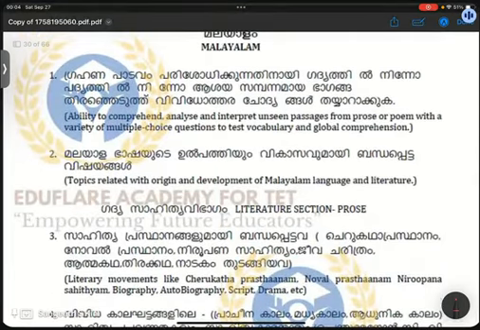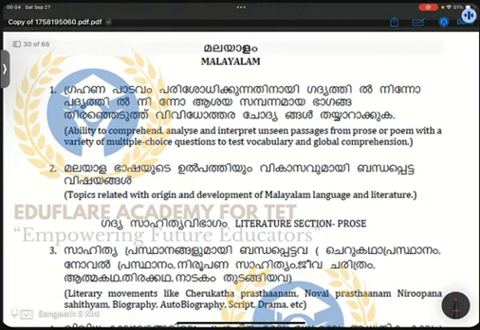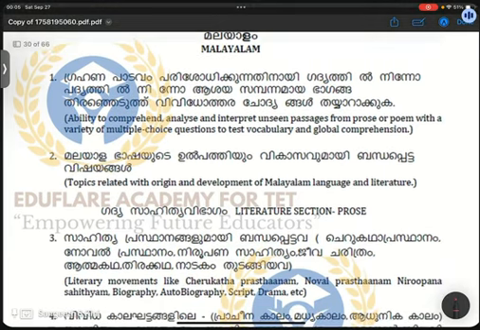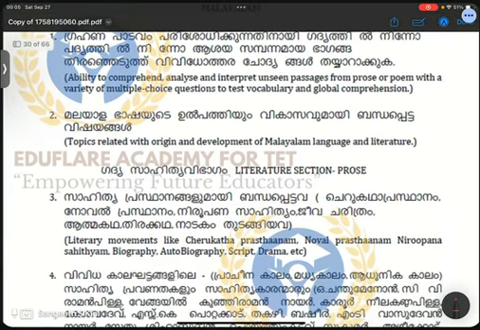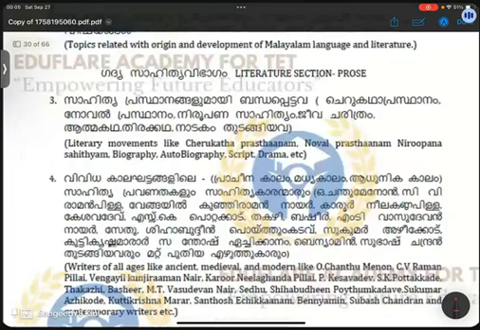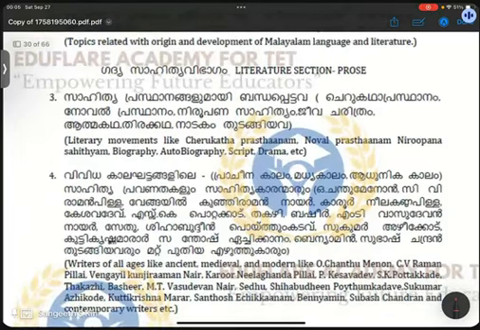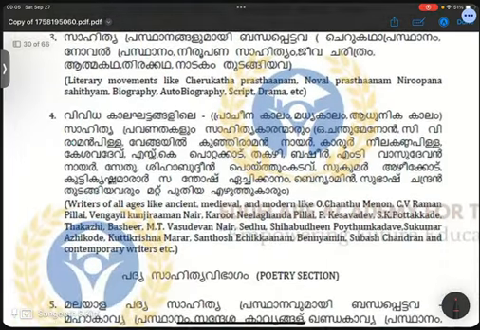Only if you are sure about these areas, choose Malayalam as your regional language. I am telling this for Malayalis. If you don't know about these contents, don't choose Malayalam because it becomes difficult. Otherwise, you can choose the English language.